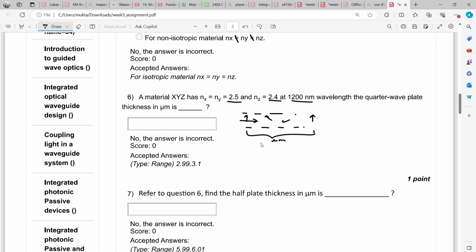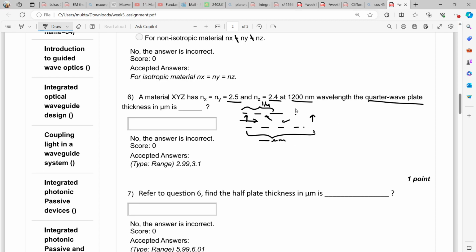So after some number of micrometers, it will come back to its original polarization. So a quarter wave plate is when it has reached 1/4 of this period. So after a particular length, it will come back to the same polarization.